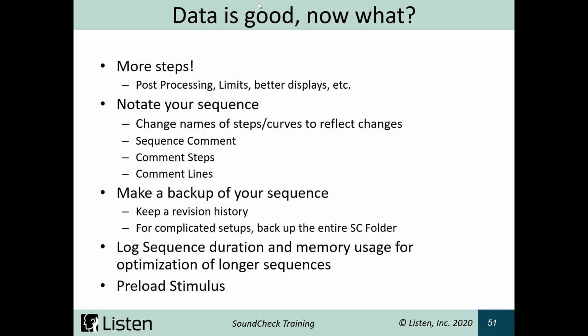And if anything happens, if anything changes you weren't expecting, just restore your entire directory and start working. It's going to save a headache of trying to rebuild a broken sequence because something was changed and you don't know what it was. So back everything up.